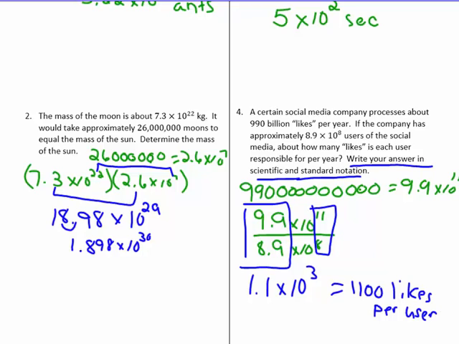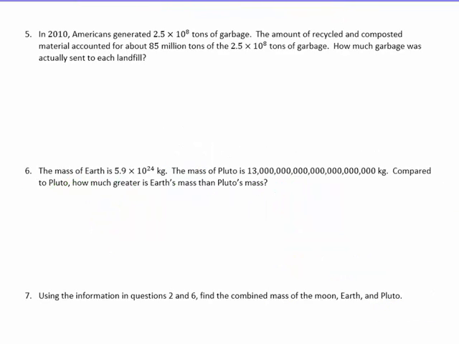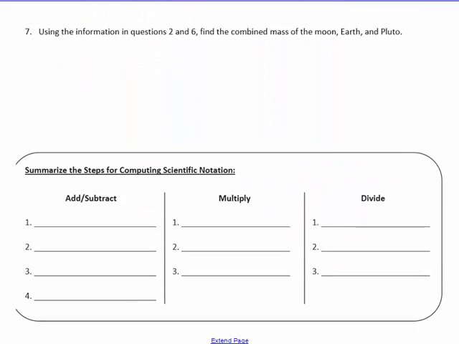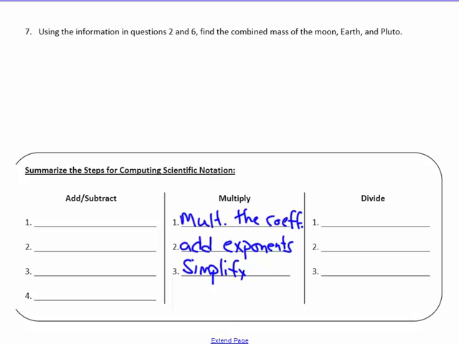All right, if you turn the page, this is really going to end up being our part 2, but there are rules at the bottom. So I want to fill in the rules for multiplying and dividing. So for multiplying, you're going to multiply the coefficients, which I'm going to abbreviate because there's not a lot of room here. You're going to add the exponents, and then you're going to simplify, meaning make sure that it's in correct form.